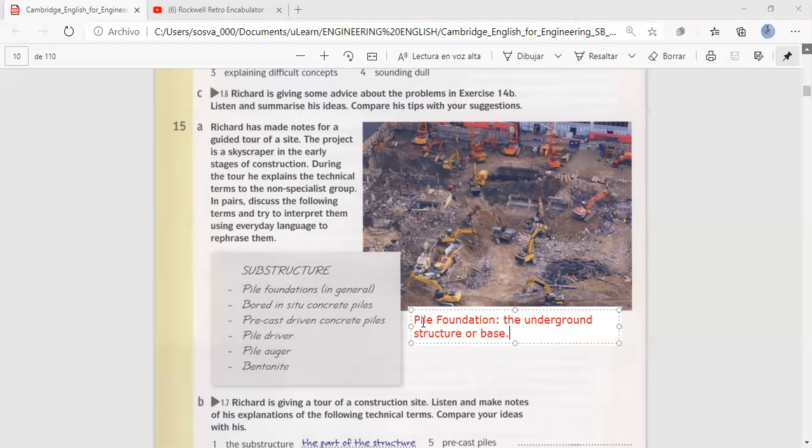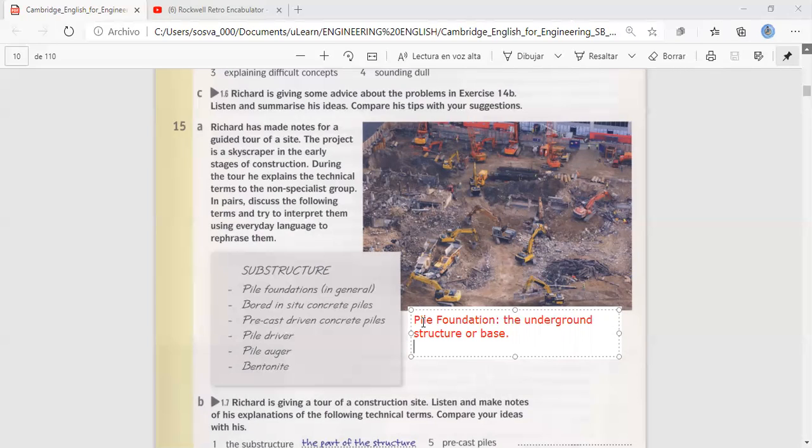Okay, building is built. What about the bored in situ concrete piles? How can we explain that in daily life words? Well, I think it's a kind of material, a fine material like that we can find in the surface.